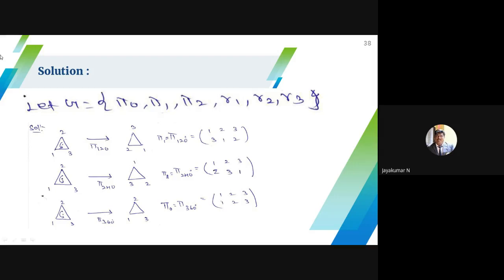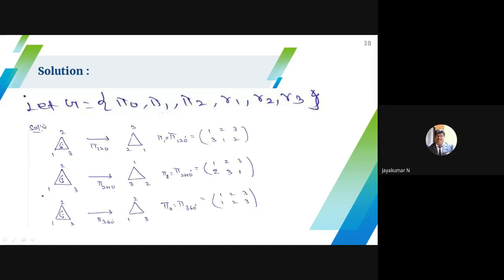Okay. So here what I am going to do is, please listen carefully. This is the most important one. So I am labeling the equilateral triangle: this is 1, 2, 3. If you rotate the angle anti-clockwise 60 degree, 120 degree. So initially the equilateral triangle has 1, 2, 3.